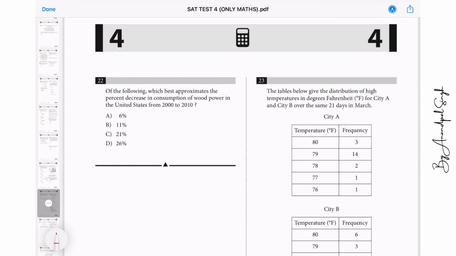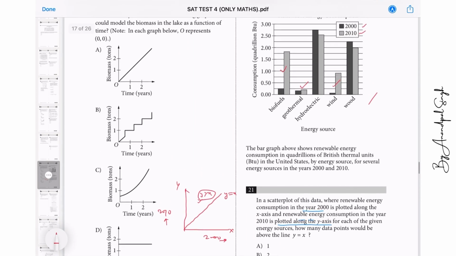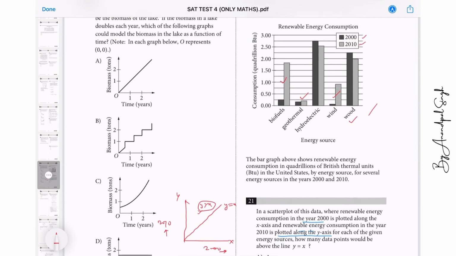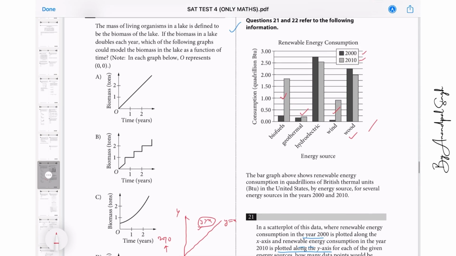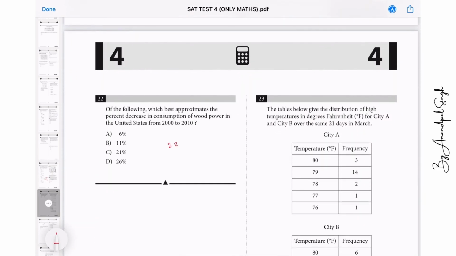Which of the following best estimates the percentage decrease in the consumption of wood power? Wood power is this one. So it was 2.25, now it has decreased to 2.00.